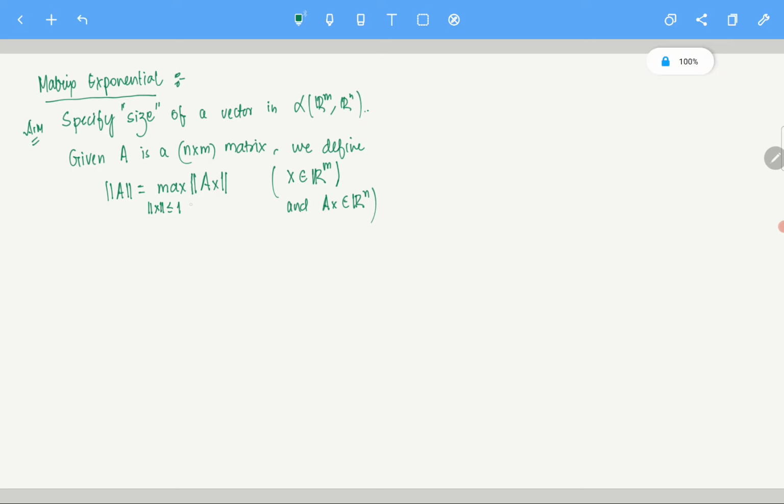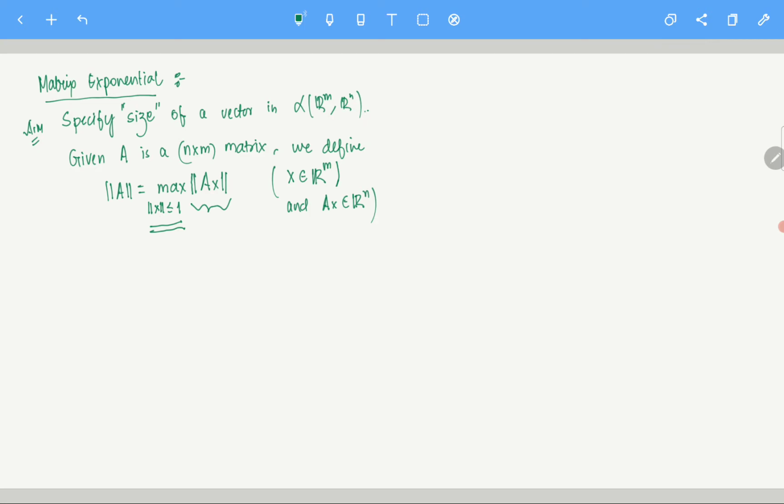So I am maximizing the norm of an element of Rn with respect to the norm in Rn, right? The unit norm in Rn, okay. So maximum of norm Ax subject to norm x less than or equal to 1. Is this clear? This norm is an Rn norm, this norm of x is an Rm norm, clear?